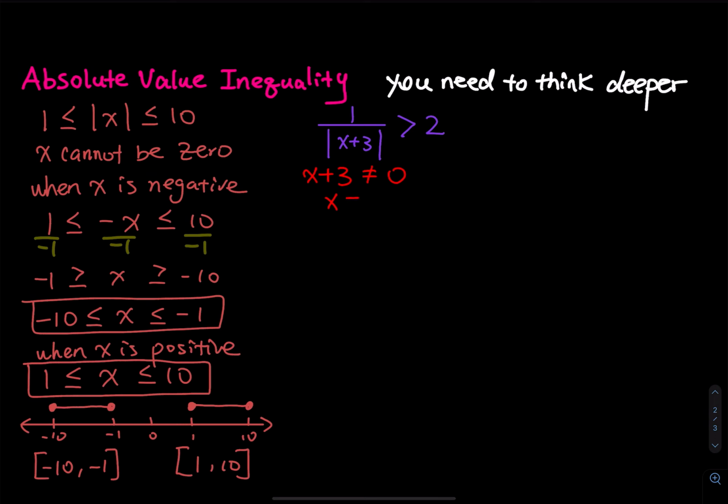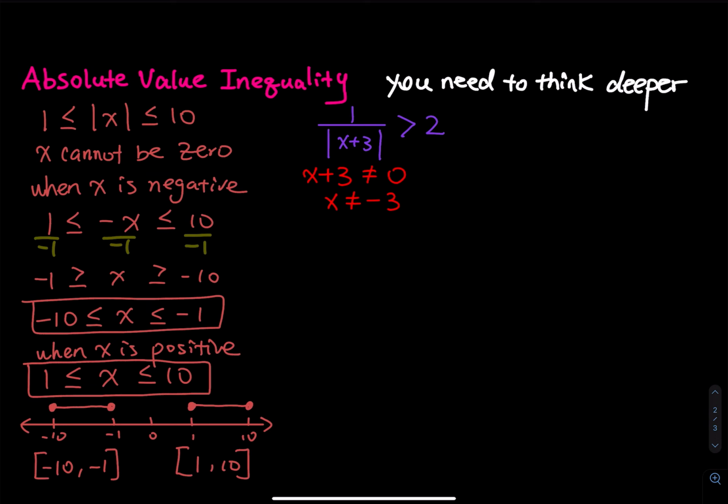So x cannot be equal to negative 3. What happens when x equals negative 3? You have a 0 in the denominator. How about 1 divided by 0? Is that defined? No, right? So whenever you see a fraction, no 0 in the denominator. So x cannot be equal to negative 3.